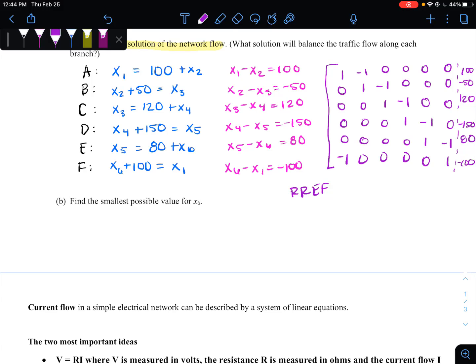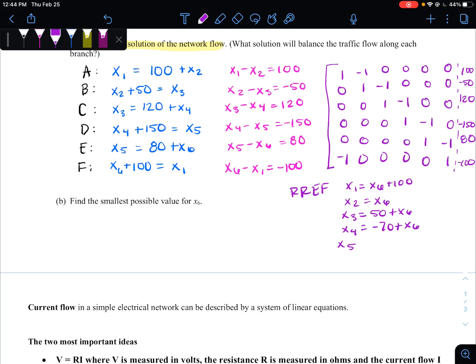If I solve for each variable in which there is a pivot, I get x1 equals x6 plus 100, x2 equals x6, x3 equals 50 plus x6, x4 equals negative 70 plus x6.